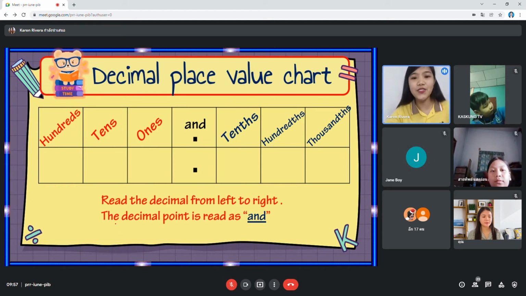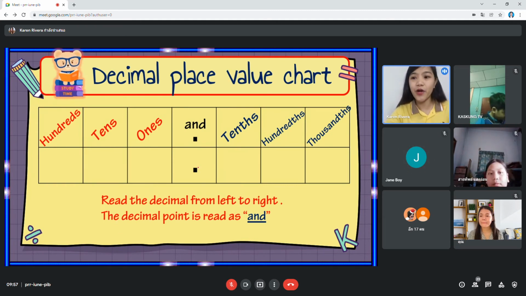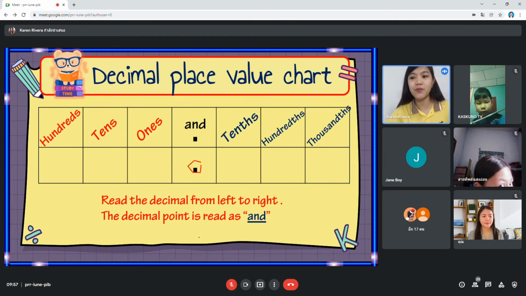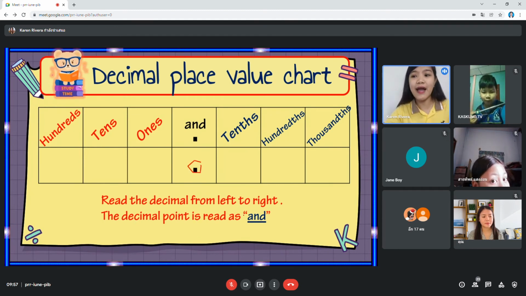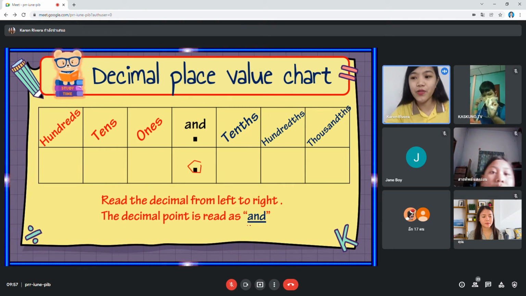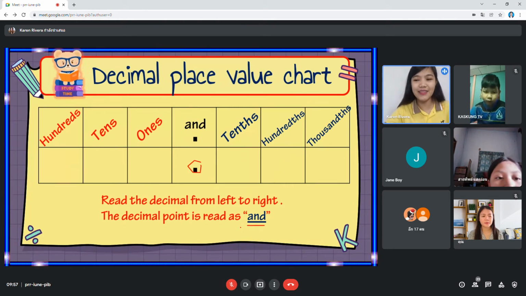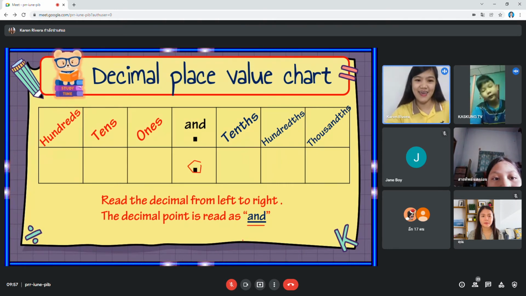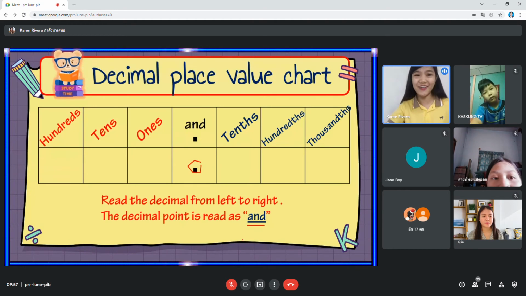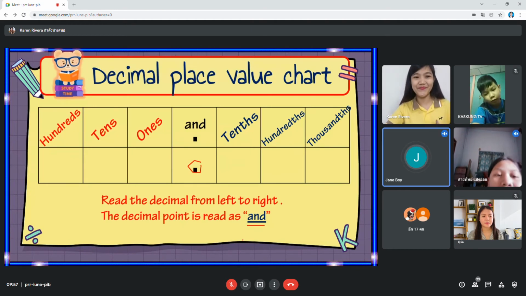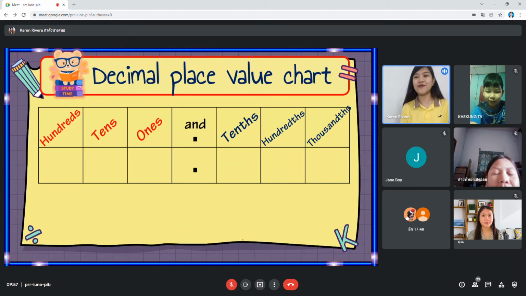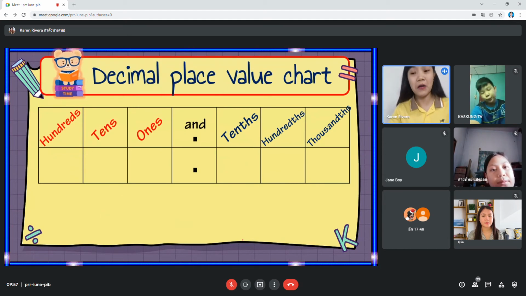And also, the decimal point here is read as what word? We will read it as and. So let's start. Are you ready? Ready. So let's proceed to our example.